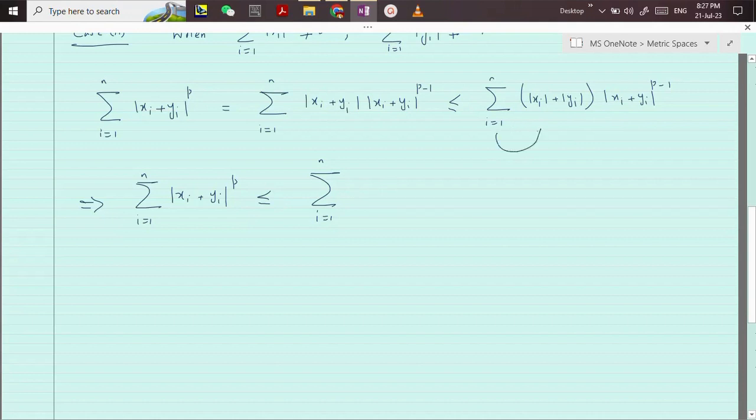The summation gets separated over these two terms, so we can do here |xi| into |xi + yi|^(p-1) plus summation i from 1 to n of |yi| into |xi + yi|^(p-1).